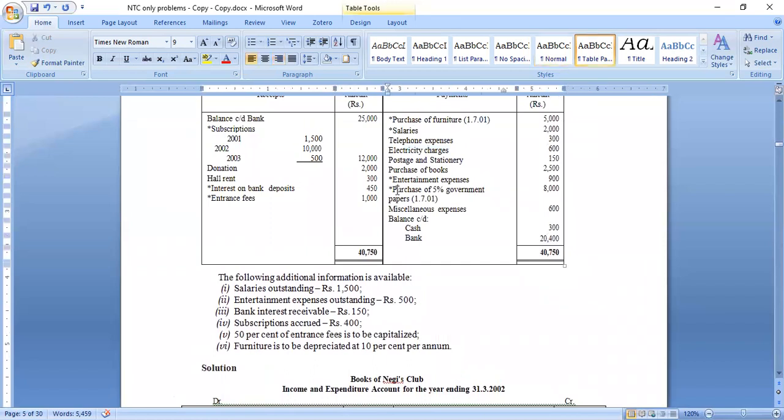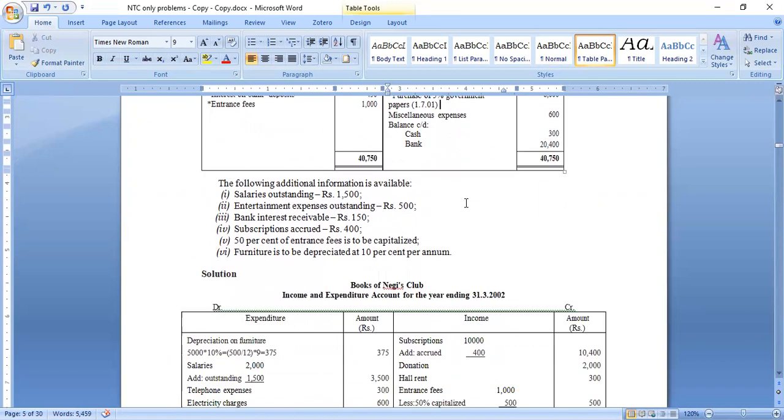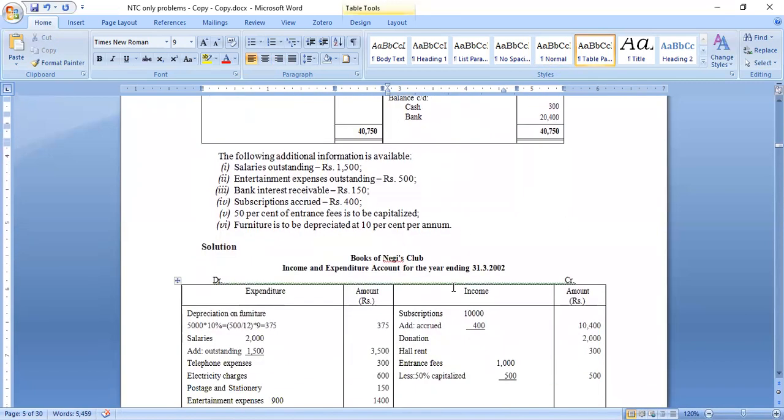So here, which we should not forget, is the purchase of 5% government papers, in the sense, investment. So we have to calculate interest on investments.